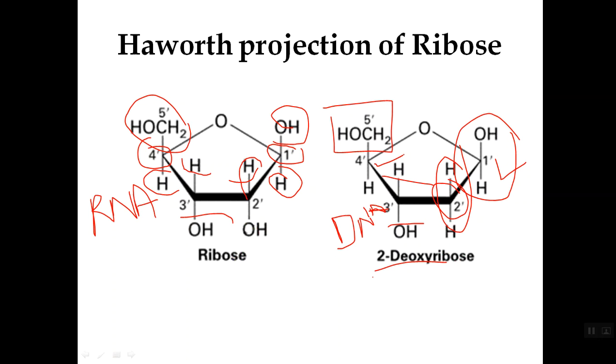This is regarding the Haworth and Fisher structure of ribose. This is very important as far as your examination is concerned. You should learn the Fisher projection of each and every monosaccharide along with their Haworth structure. In the next sessions I will be taking the Fisher and Haworth structures of the remaining monosaccharides.